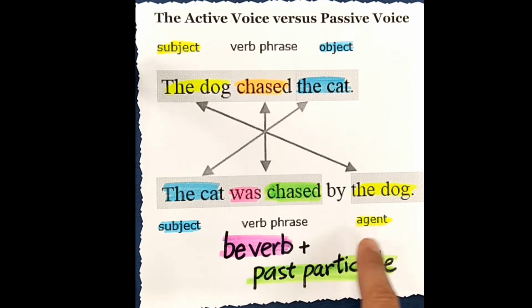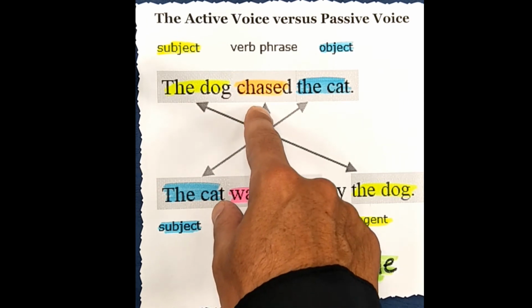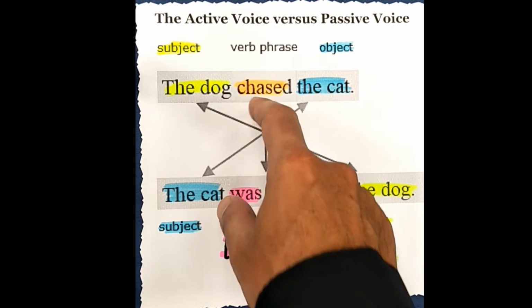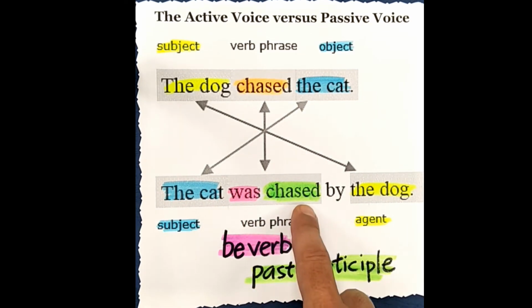Most important is to remember that the verb chased in the active voice now changes to the be verb plus the past participle. So when you change an active voice sentence, you need to know the verb tense.